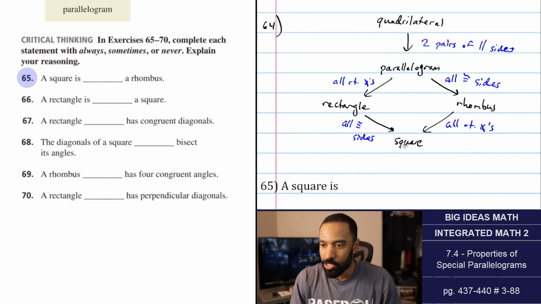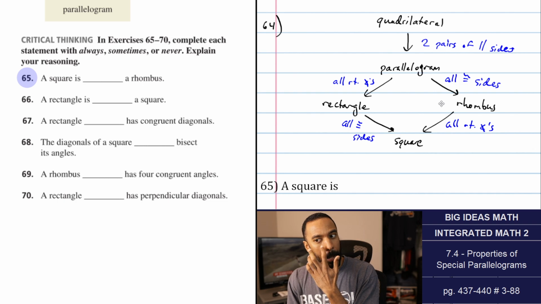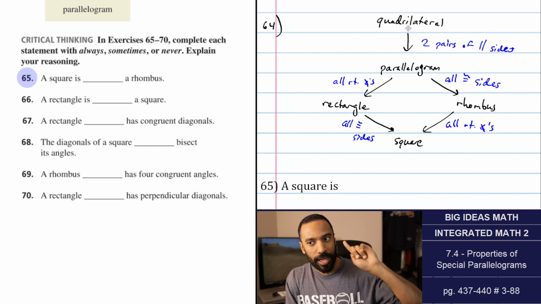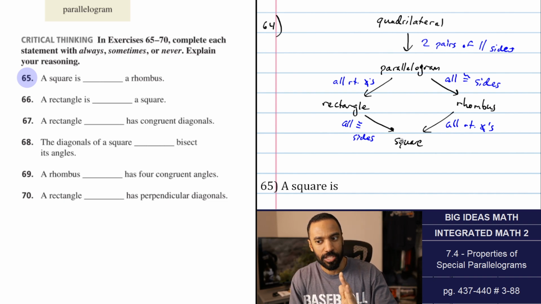If it's a square, then it's all of those. It's anything before it. If it's a rectangle, it's those two. If it's a rhombus, it's those two. If it's a parallelogram, it's one. Remember, a quadrilateral can be a square, but a square must be a quadrilateral. This is what can be, this is what must be.